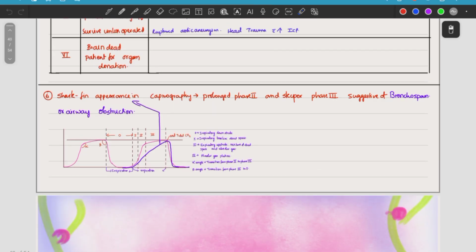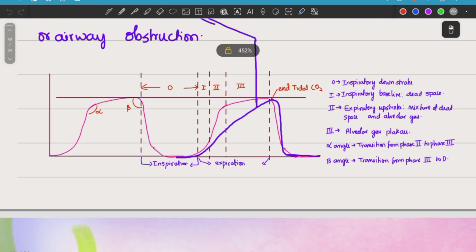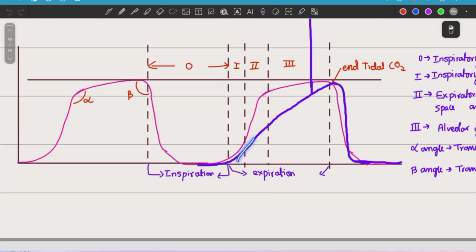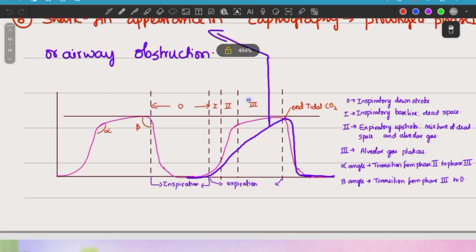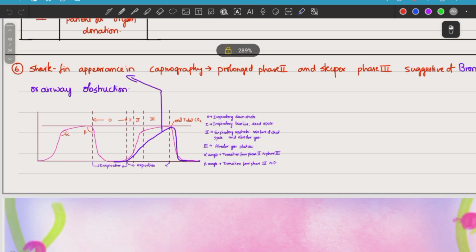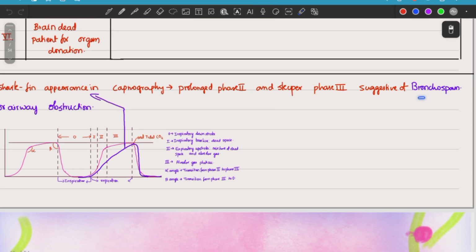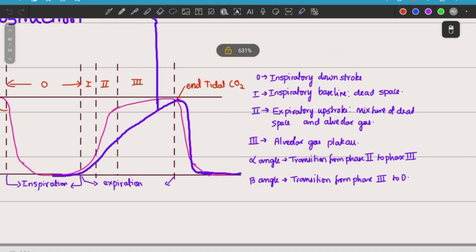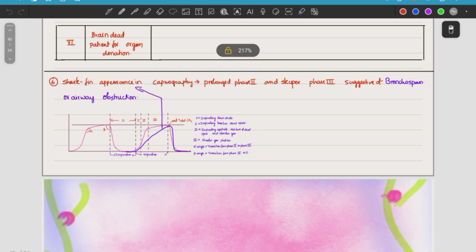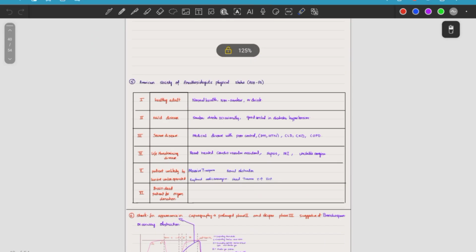Yes. You can see here the phase 2 is prolonged and there is a steep phase 3, that is in bronchospasm or airway obstruction. All this we have discussed in our previous classes. You can see the video.